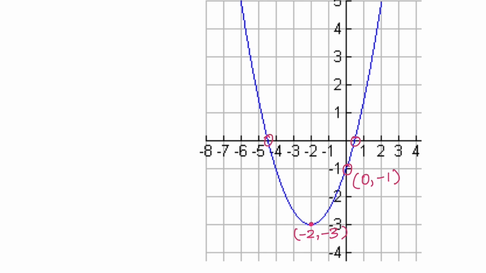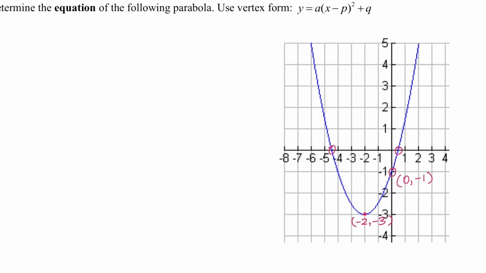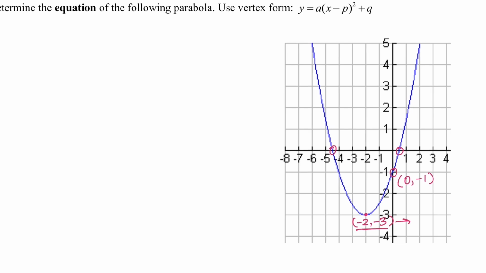So when I'm looking at my vertex form, I know that this vertex is equal to p and q, so I can put that in the equation. So y is equal to a times (x plus 2) whole squared minus 3.